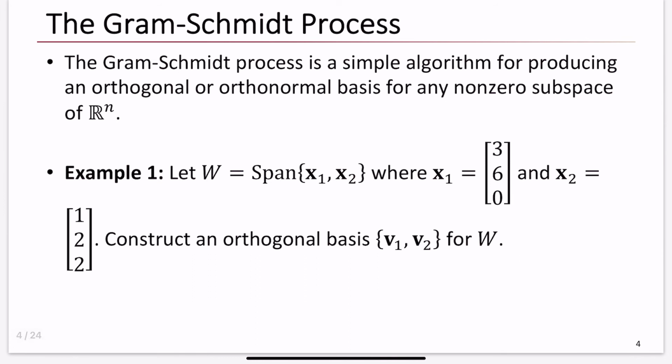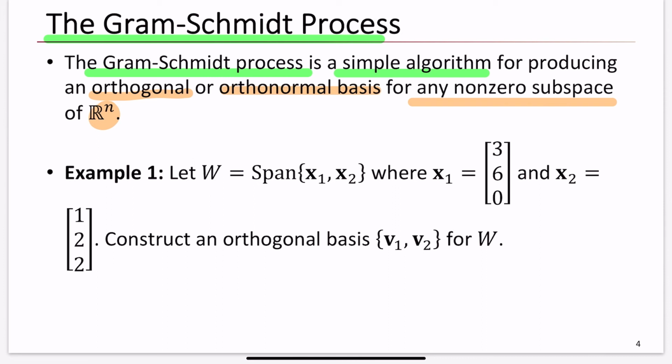The Gram-Schmidt process is a simple algorithm for producing an orthogonal or orthonormal basis for any nonzero subspace of Rn.